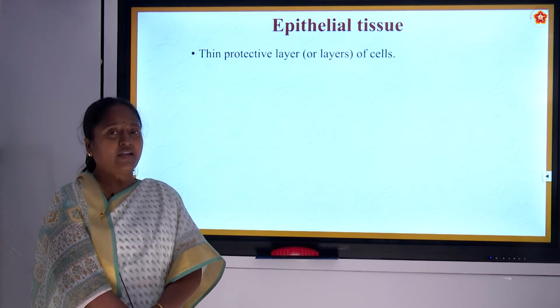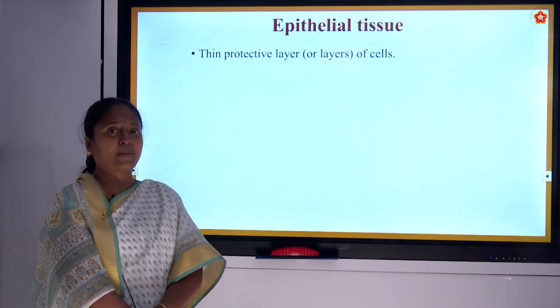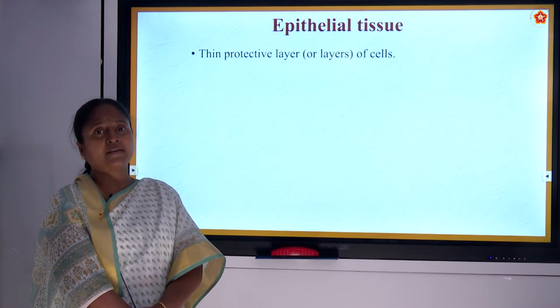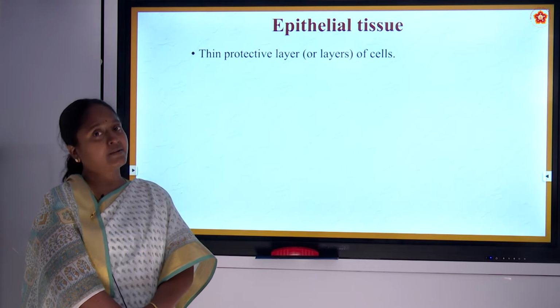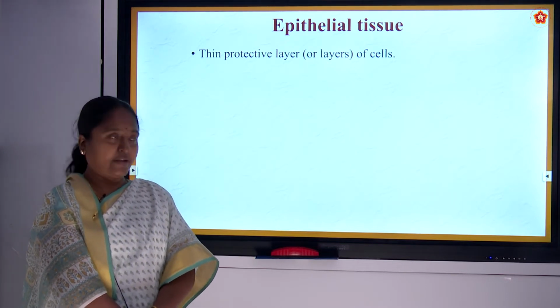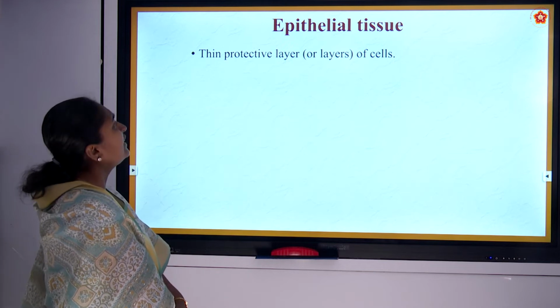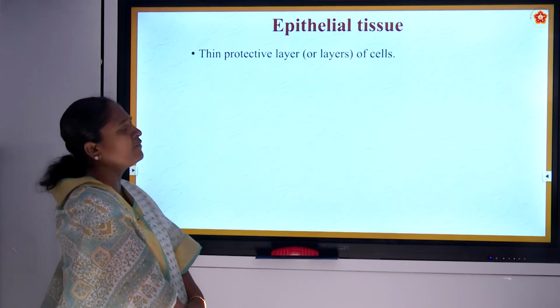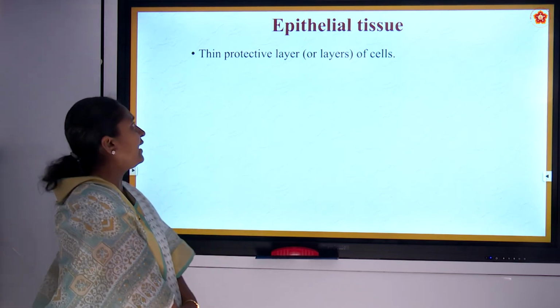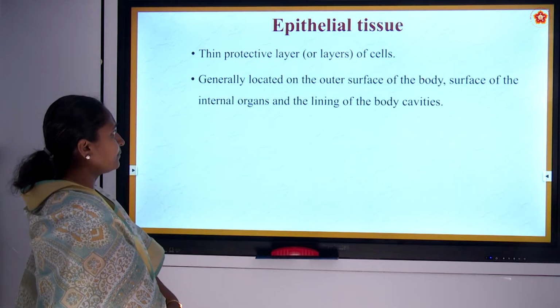Inside, we are eating so many different kinds of food, spicy food, oily food, everything, right? So the inner part of our body should not get any disturbance because of that. So it is mainly involved in protection, and it is a very thin layer, like a thin membranous layer of cells.